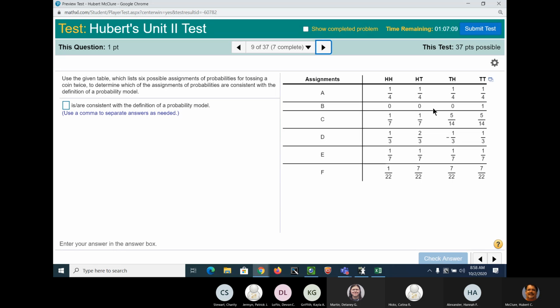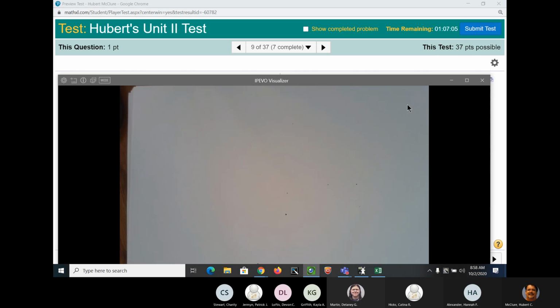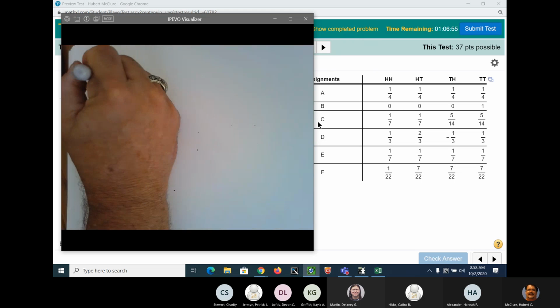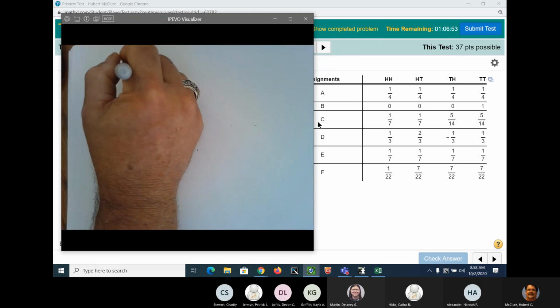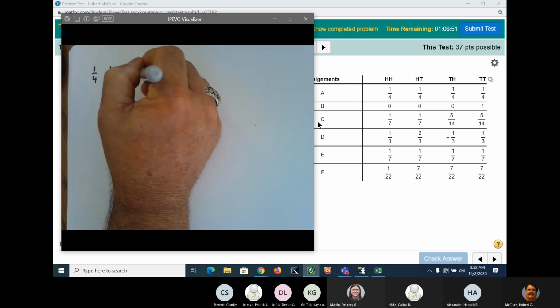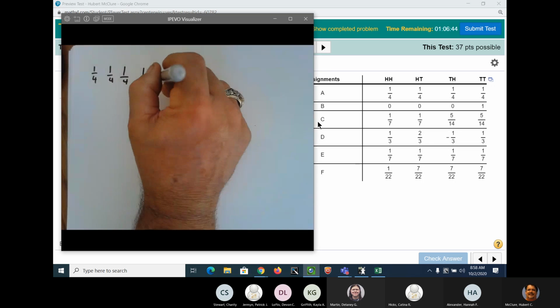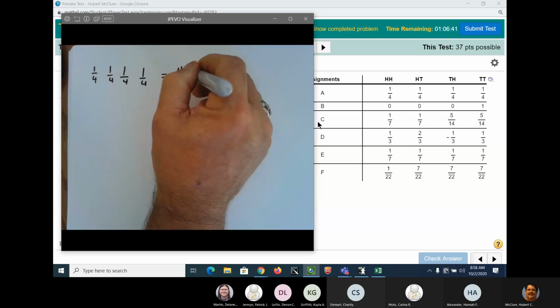So the first one says 1/4 and 1/4 and 1/4 and 1/4. Well, all those are between 0 and 1. And what happens when you add them all up? What do you get? 1. You get 1. Good.